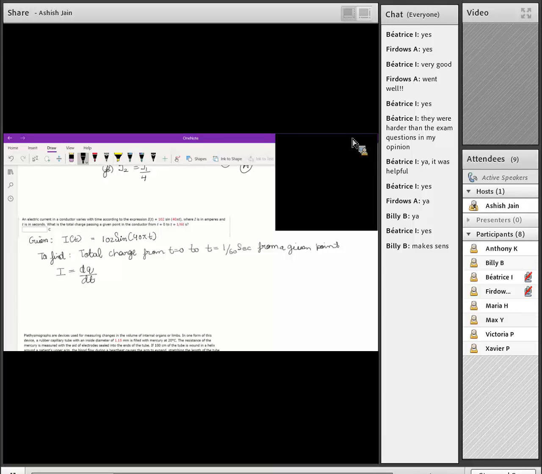Current through an infinitesimal charge dq at a given moment dt is given as dq by dt. Correct? Then I can use dq as I dt, total charge passing through from 0 to 1 by 60 seconds.